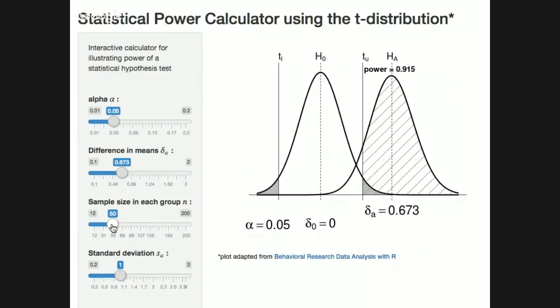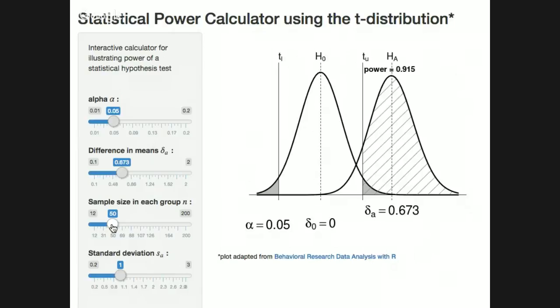Now, how about what's going to happen if we increase the sample size in each group? Well, first, what'll happen to the null sampling distribution? We're using the central limit theorem here.